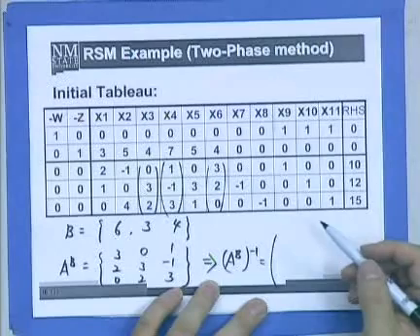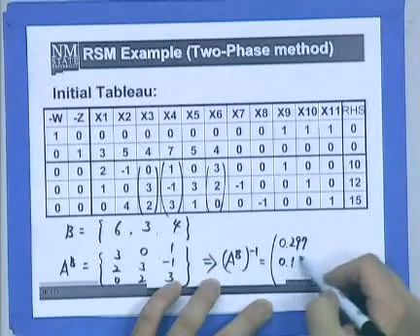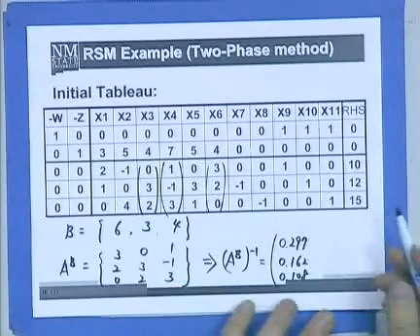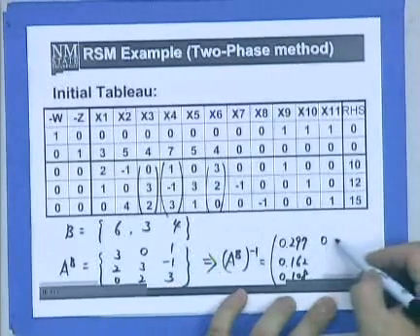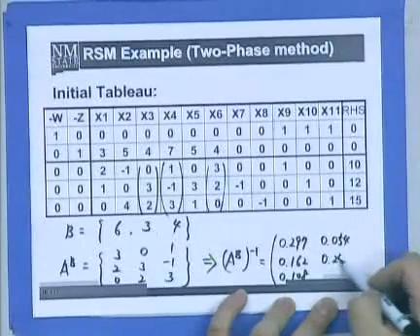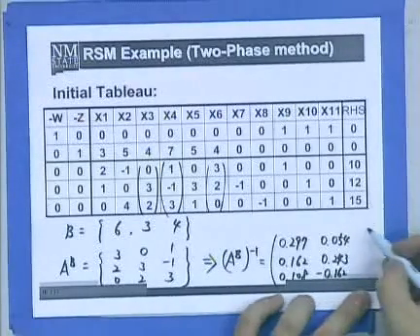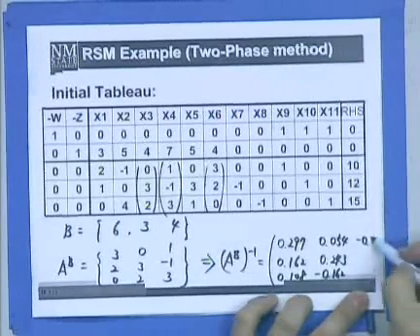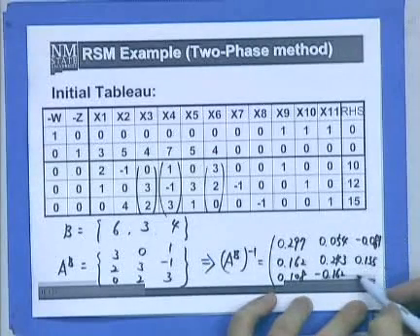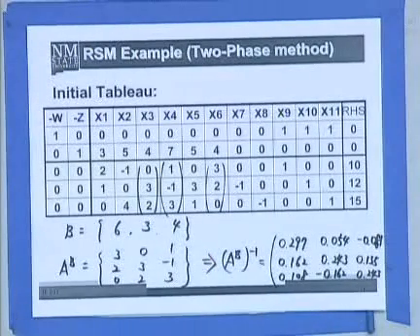And it must be 0.297, 0.162, 0.108 is the first column. The second column would be 0.054, 0.243, negative 0.162. The last column is negative 0.081, 0.135, 0.243. Okay?